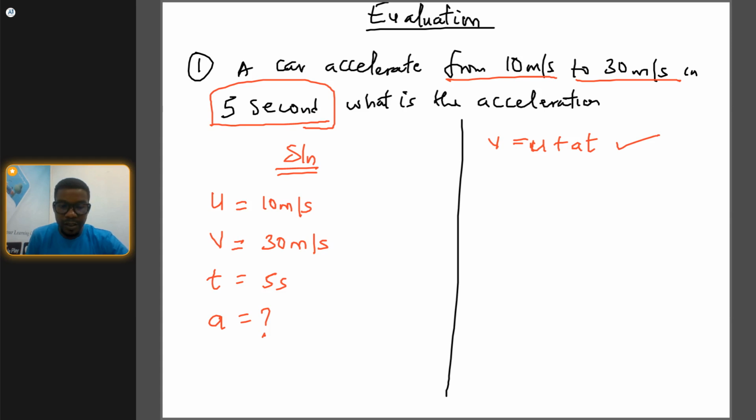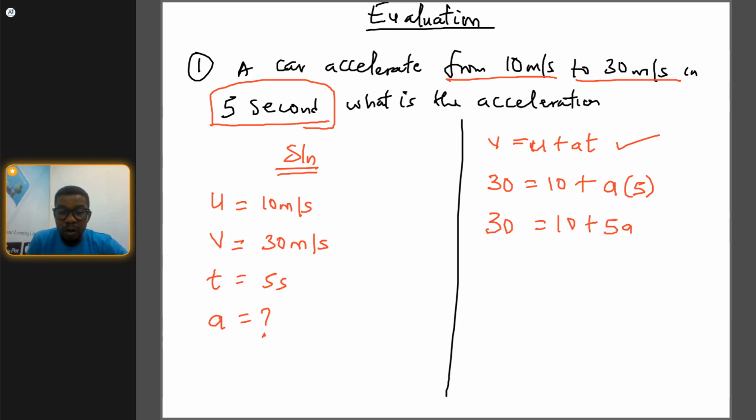V in the question is 30, equals U, which is given as 10, plus acceleration, which is not given, so we have it as A, times the time, which was given to be 5, in brackets. So we have 30 equals 10 plus 5A.